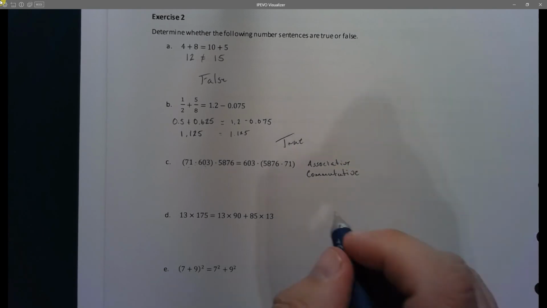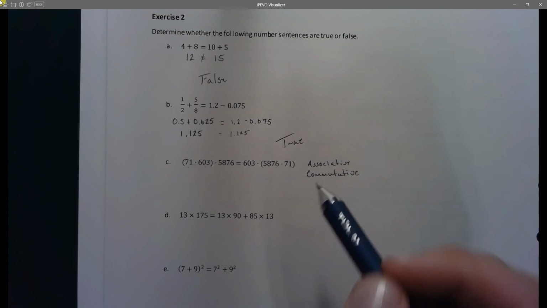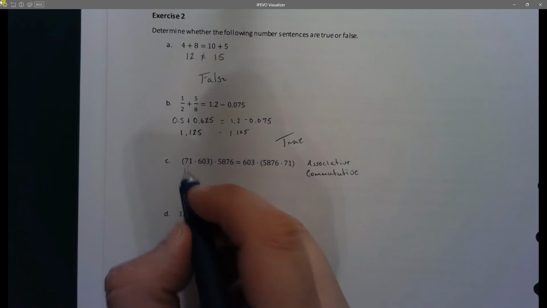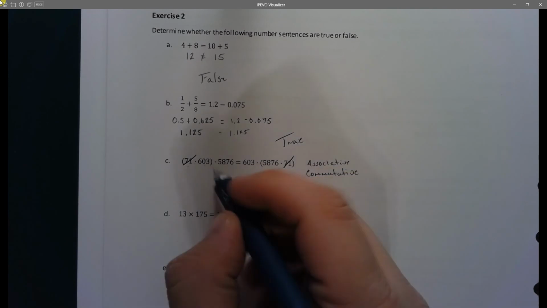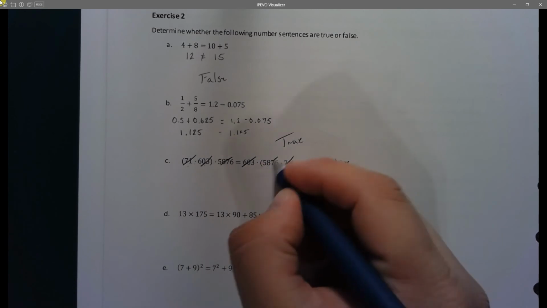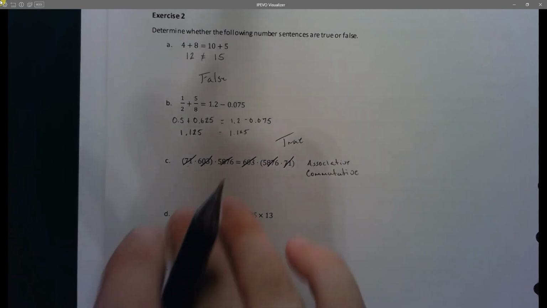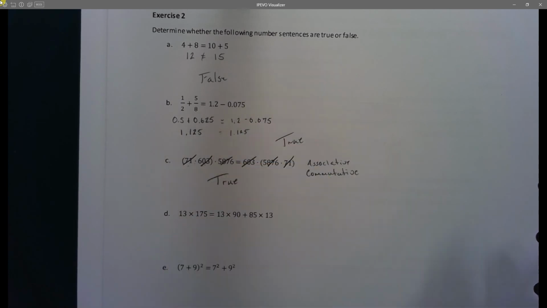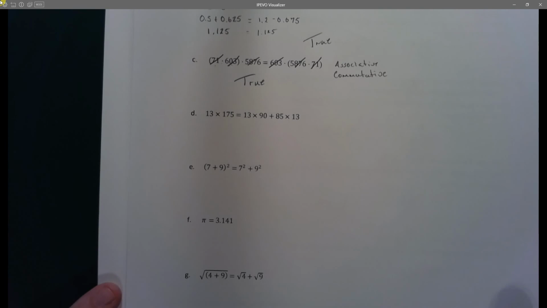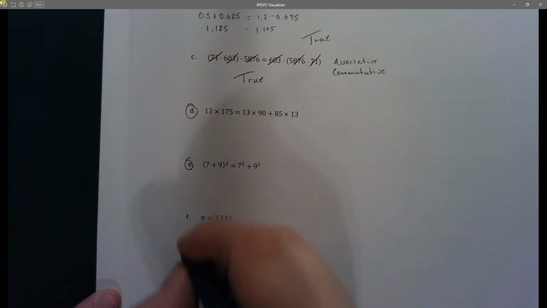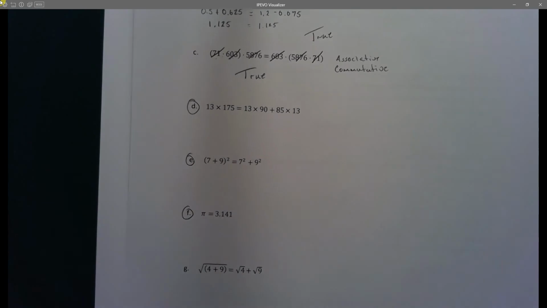These state that you can rearrange the numbers and change the grouping without ever changing the product. 71 is here, 71 is here. 603 is here, 603 is here. 5,876 is here, 5,876 is here. Those numbers still exist. So this is a true statement. I want you to do, on your own, D, E, and F.